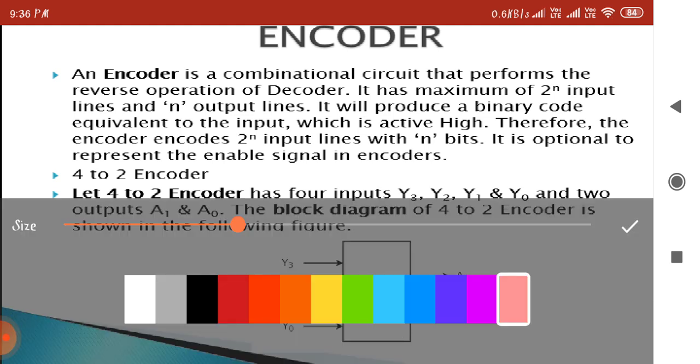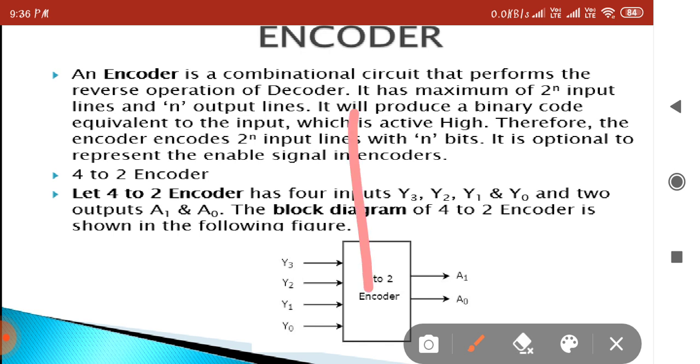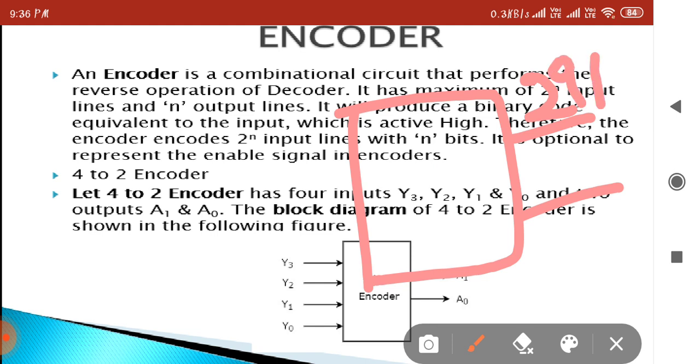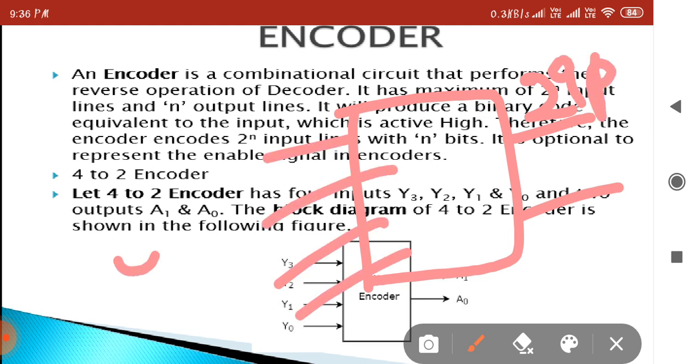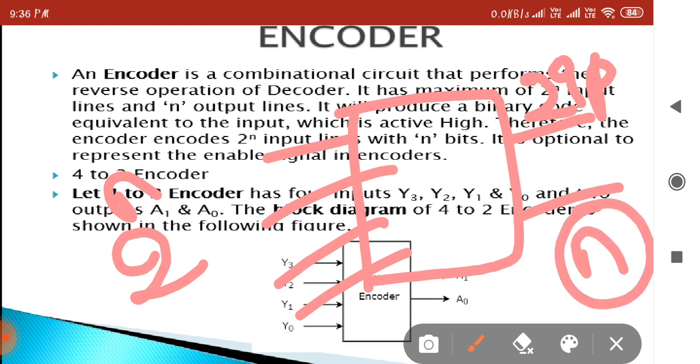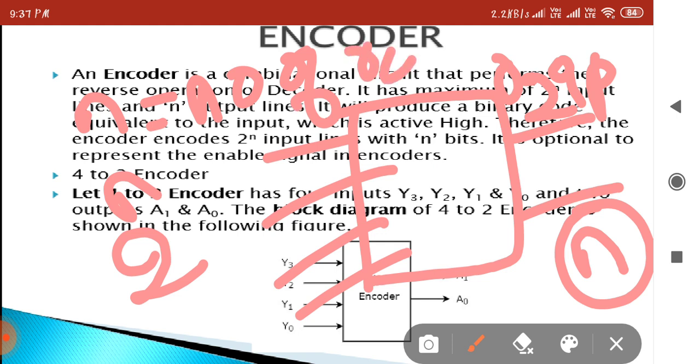Here, the inputs of this encoder are 2 raised to n, and n is the number of outputs.